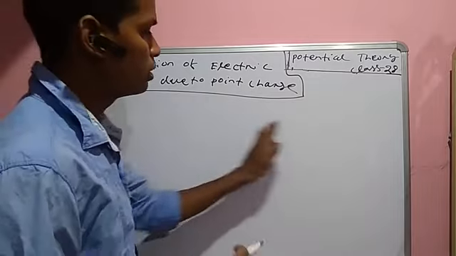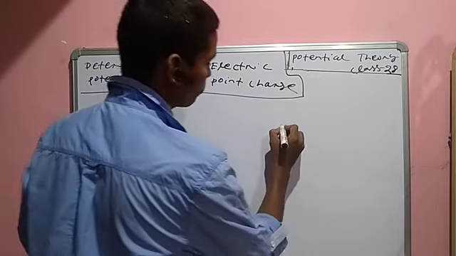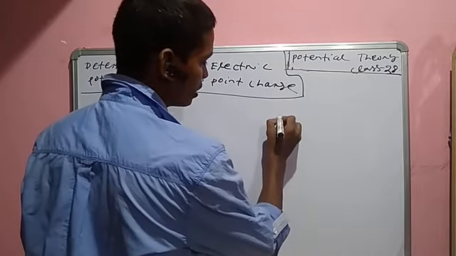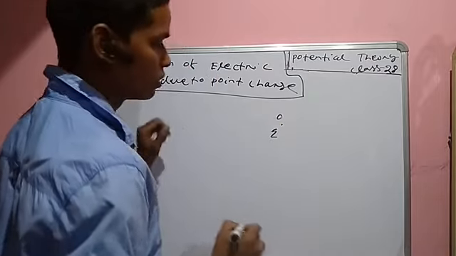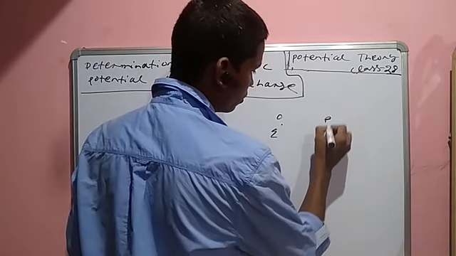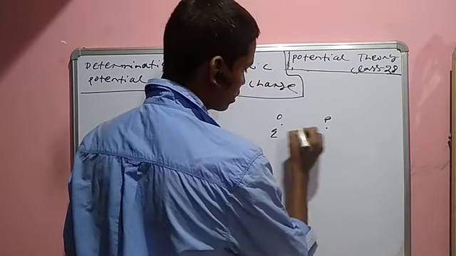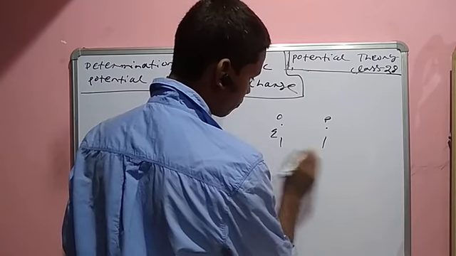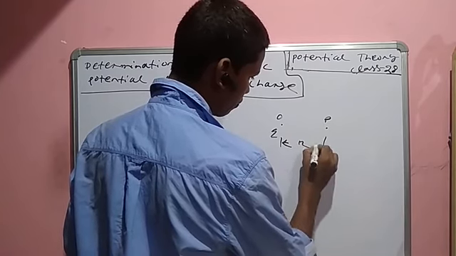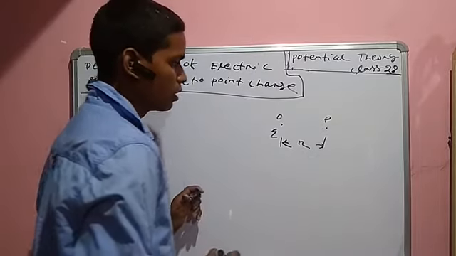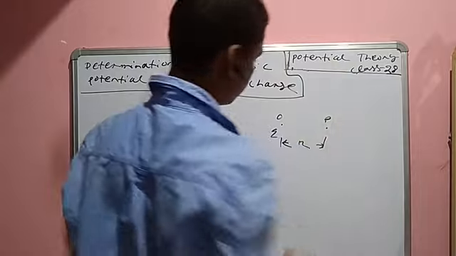First of all, you have to draw a figure. Suppose this point is the Q charge. This point is named O. Another point P, at a distance small r.